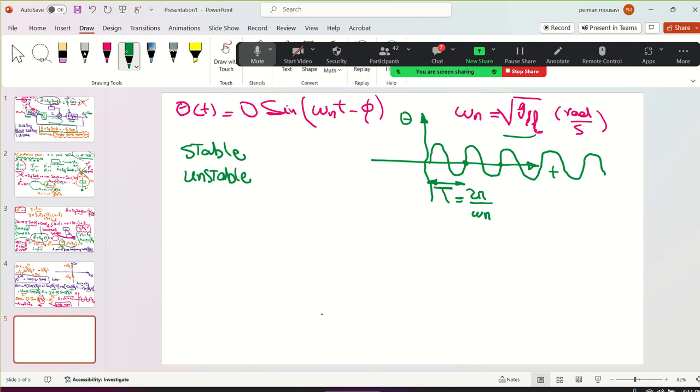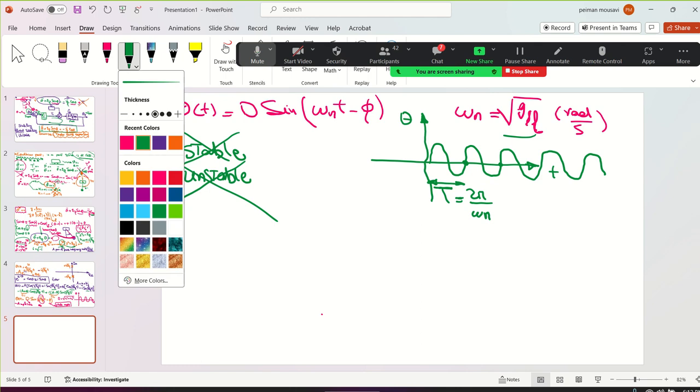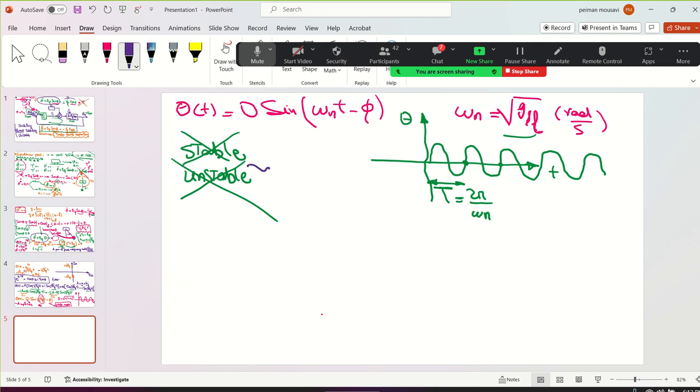Any other ideas? Both are wrong. Your system, as I told you previously, is marginally stable.